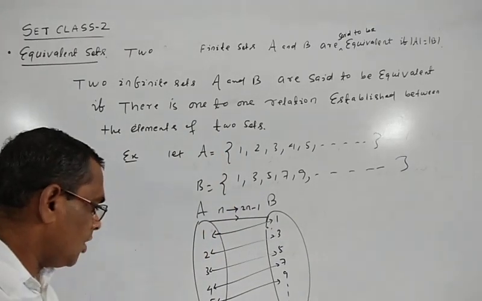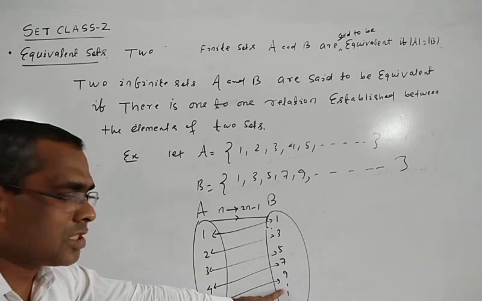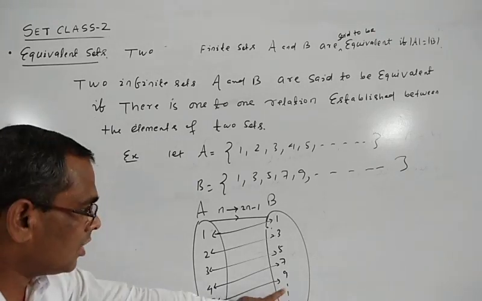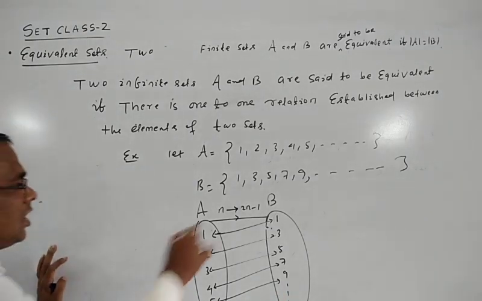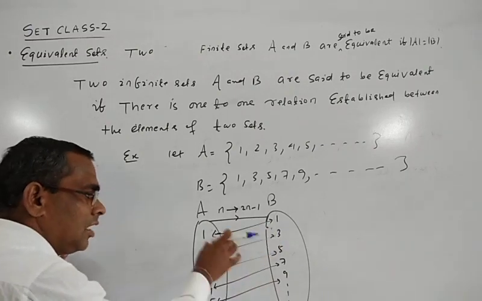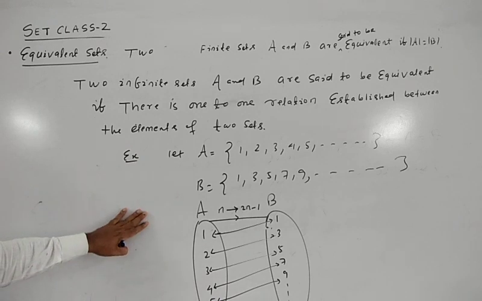If n is equal to 6, it will be 11. If n is equal to 7, it will be 13. So like that, there is a one-to-one relation between the elements of the sets. That's why these two sets are equivalent.